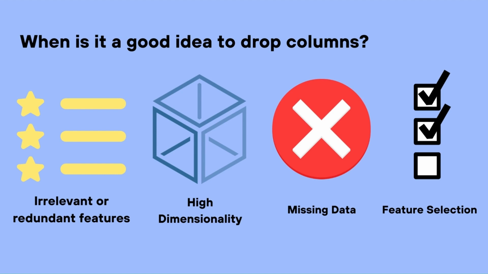So feature selection aims to identify the most informative subset of features for a given task. And to select features, we can remove features that we don't want. So by dropping irrelevant or redundant columns, we can improve the model's performance, therefore reducing overfitting and enhancing interpretability.